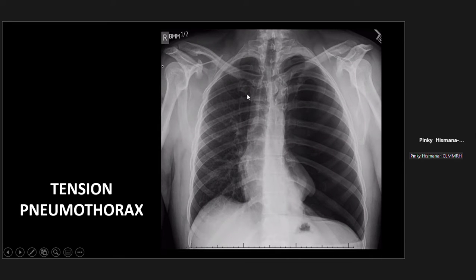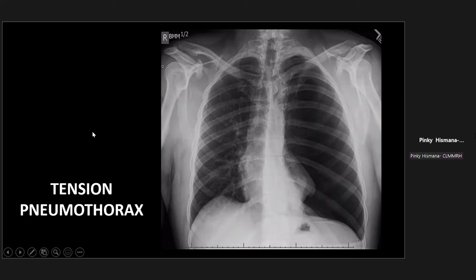So this is a case of tension pneumothorax. When you see this, it is already an emergency. I hope you would be able to identify this when you see it in the field in the future.